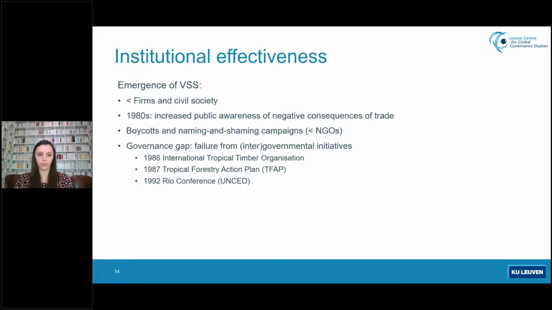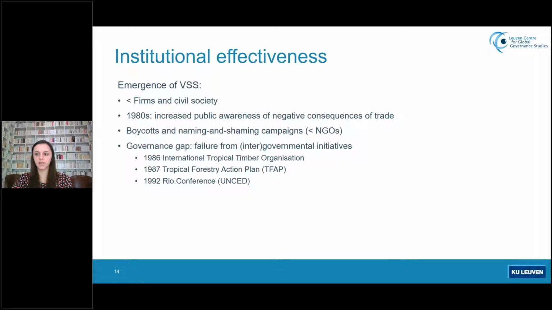This is because in the 80s, public awareness of the negative impacts of trade increased. People began to be more conscious about the environmental and social impacts of economic activities, which, as Axel explained to you last week, have really increased in size and also changed in nature because they globalized with global value chains.